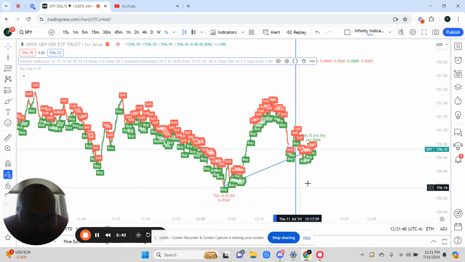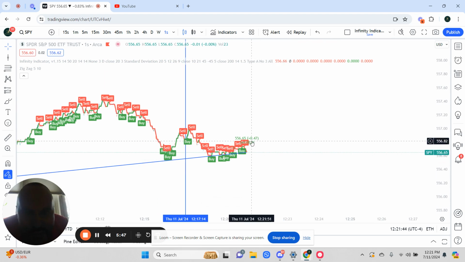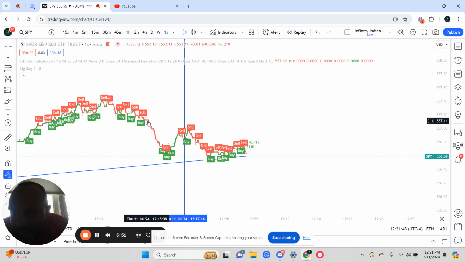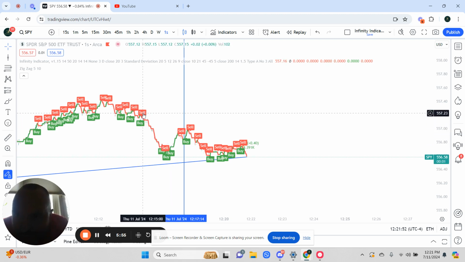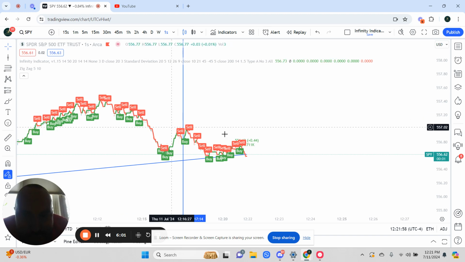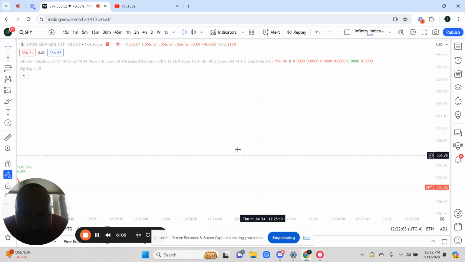I want you to focus on the difference: once these are in, these stay, okay? So when this called a top right here and you got the sell signal, it didn't move. It's not moving. Let me try and zoom in a little bit more so you can see, right?